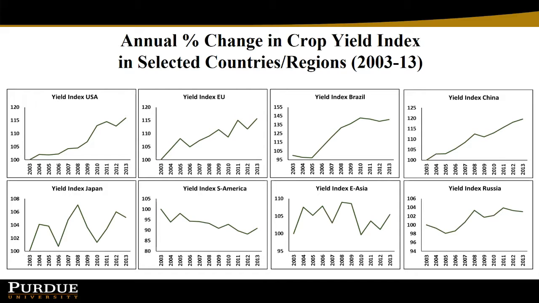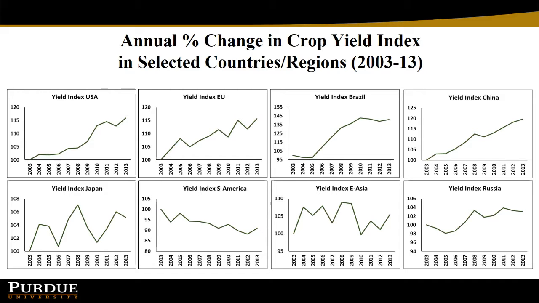Same thing in the EU, in Brazil. Look at Brazil, from 95 to 155, a big jump in yield. China too. And then we have some other countries where yield does not change significantly; they're just flat, not changing over time.